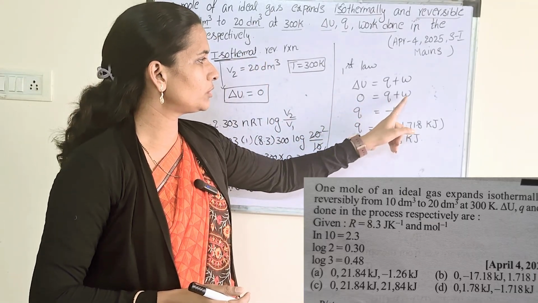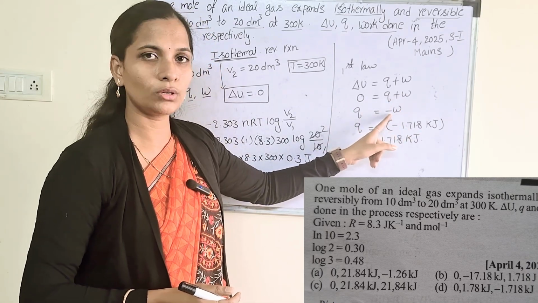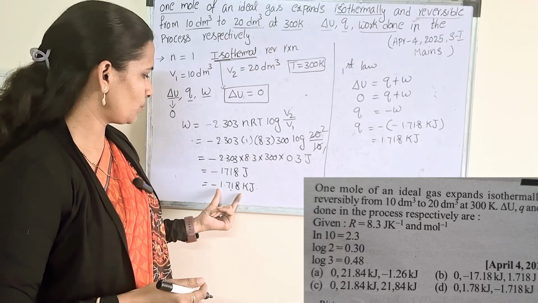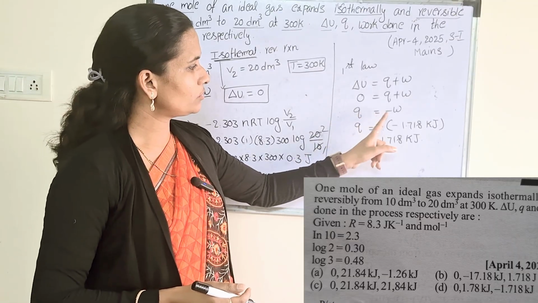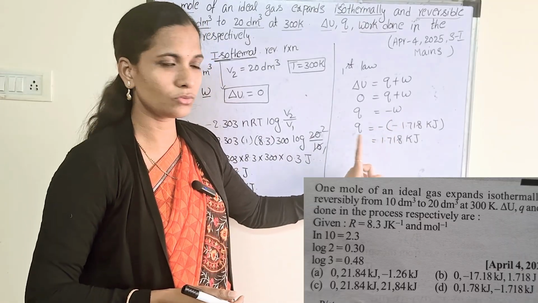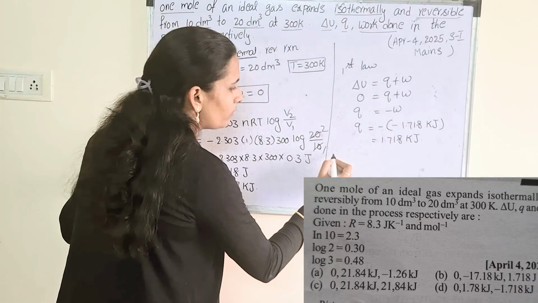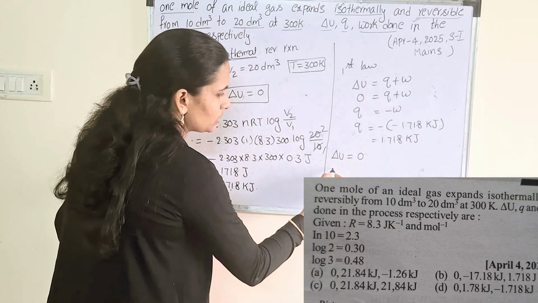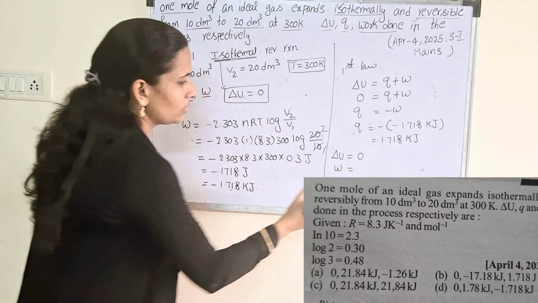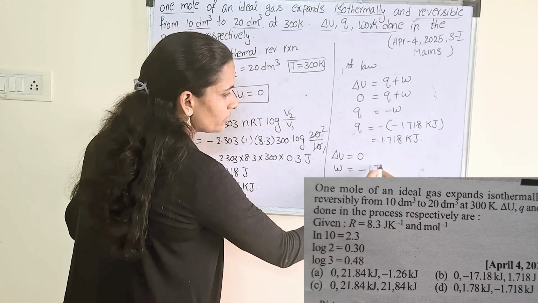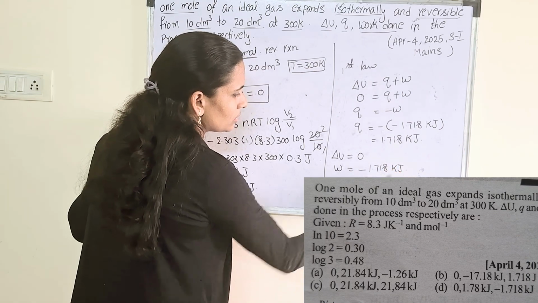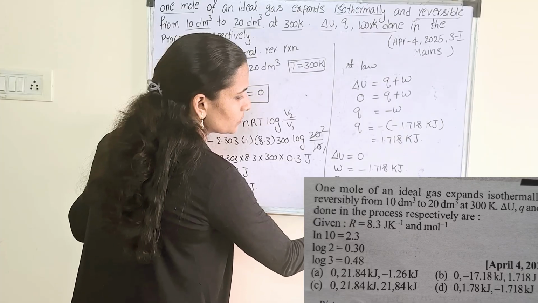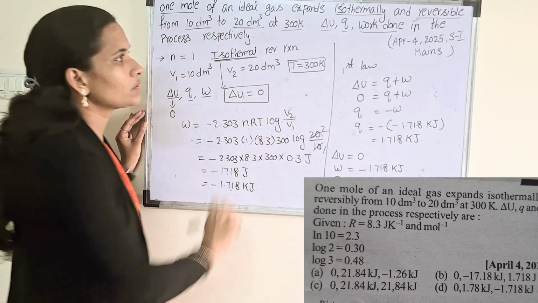So 0 equal to Q plus W, then Q equal to minus W. We already calculated the work W as minus 1.718 kilojoules, so minus of minus is plus, and Q is 1.718 kilojoules. So the total values: delta U equals 0 for the isothermal process, W equals minus 1.718 kilojoules, and Q equals plus 1.718 kilojoules. These are the answers for this question. Thank you.